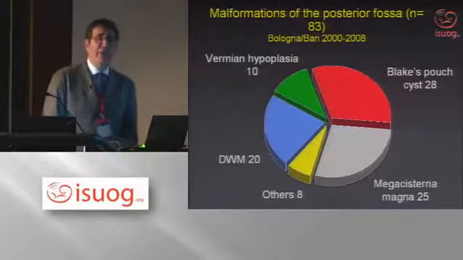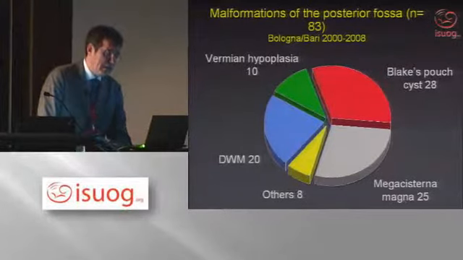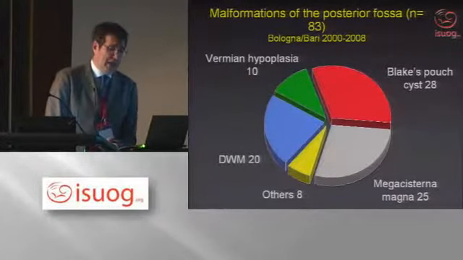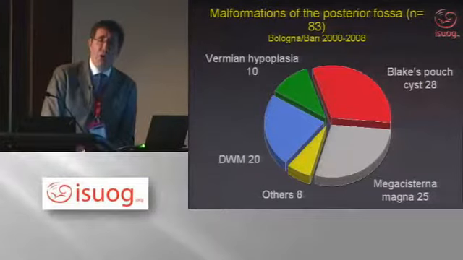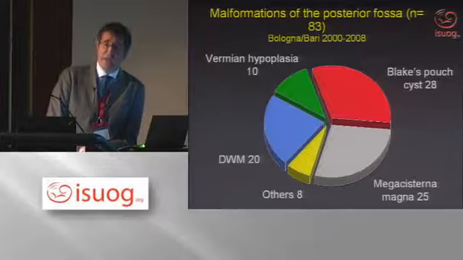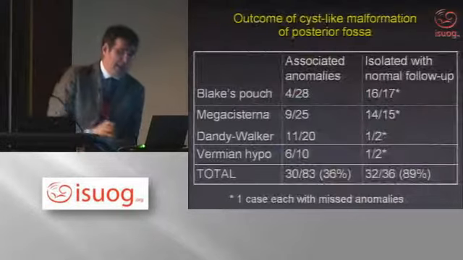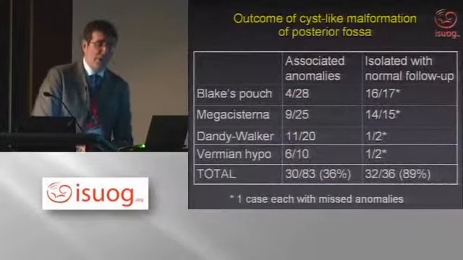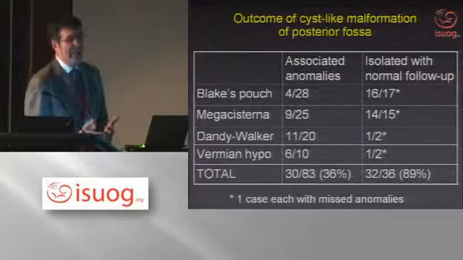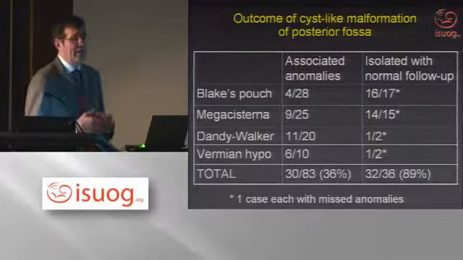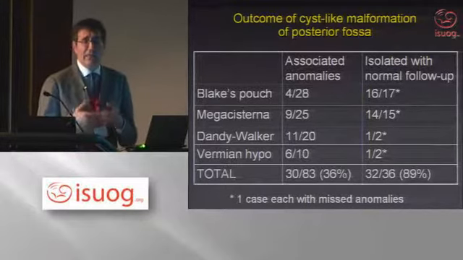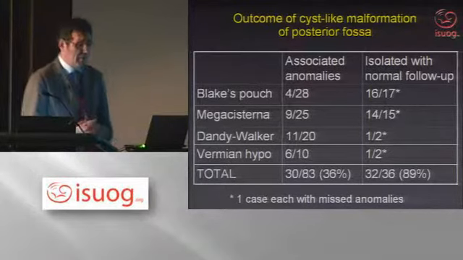By far, in our own experience, and this is a multicentric study that we have done in Italy, megacisterna magna and Blake's pouch cyst are the most common finding. They account for more than 50% of all cases. And that has been our experience on the outcome of these cases, and it is very limited because, of course, the follow-up will take much more, and whenever you see these cases, it is difficult to obtain follow-up in all of them.